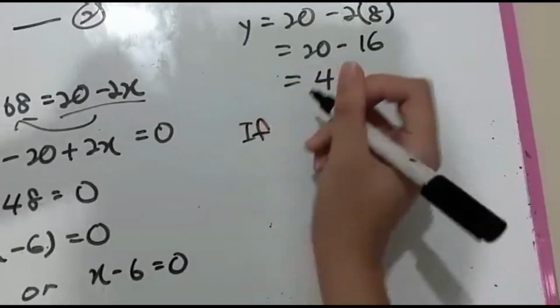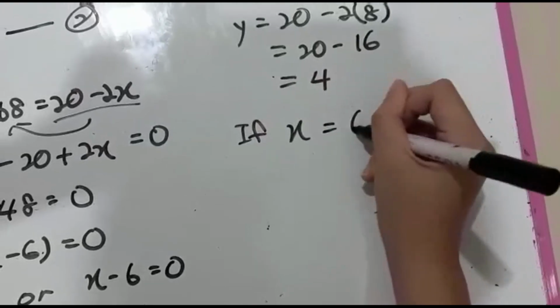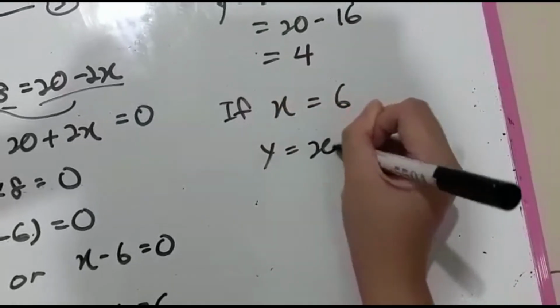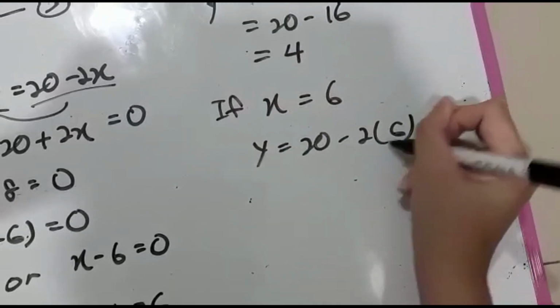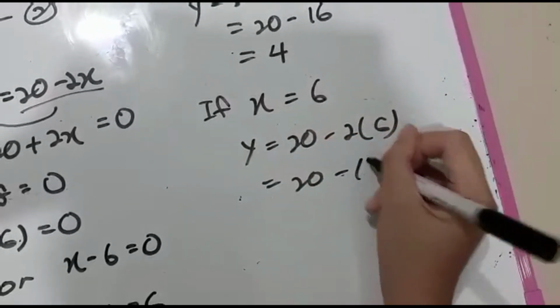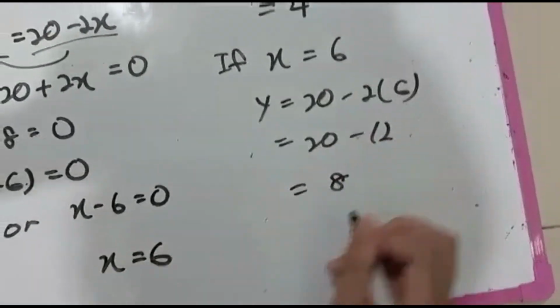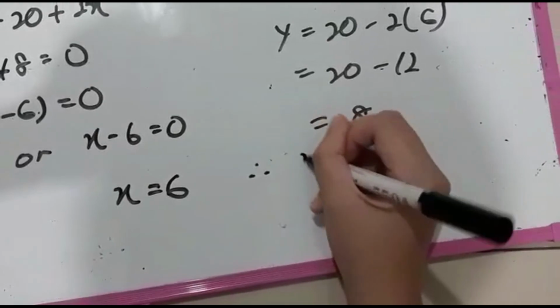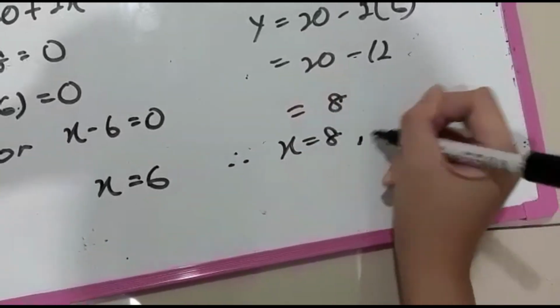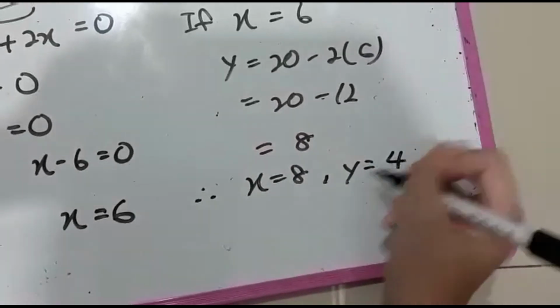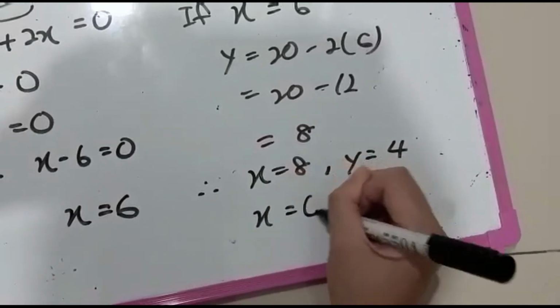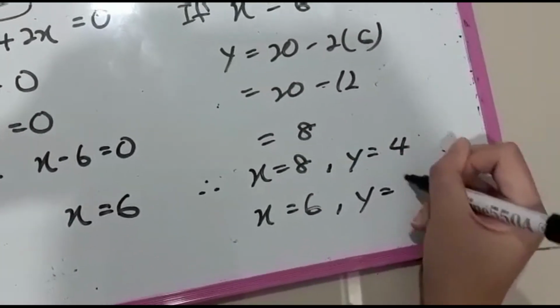Then on the other hand, if x is equal to 6, then y will equal 8. So in conclusion, if x is equal to 8, then y will become 4. If x is equal to 6, then y will equal 8.